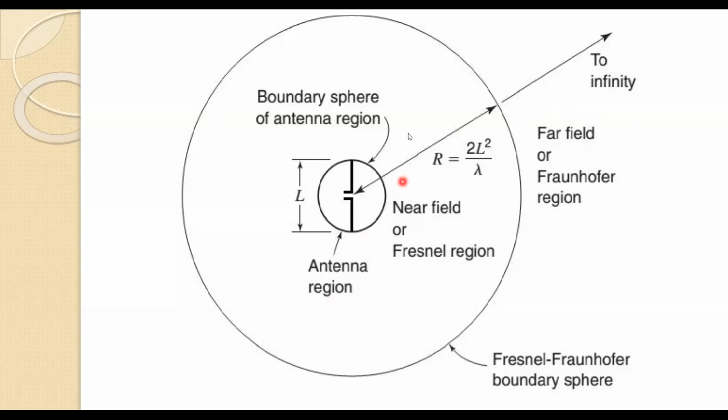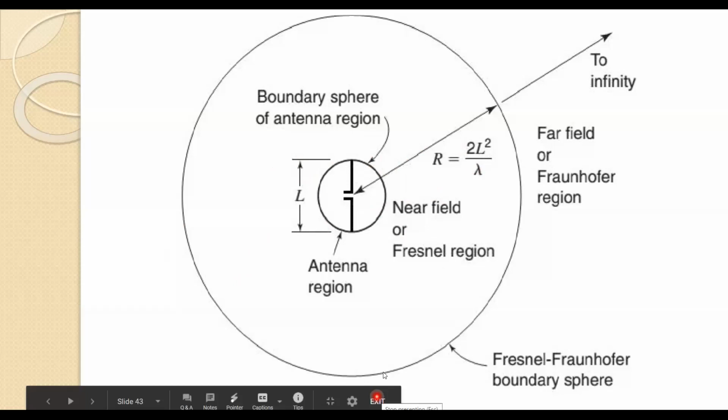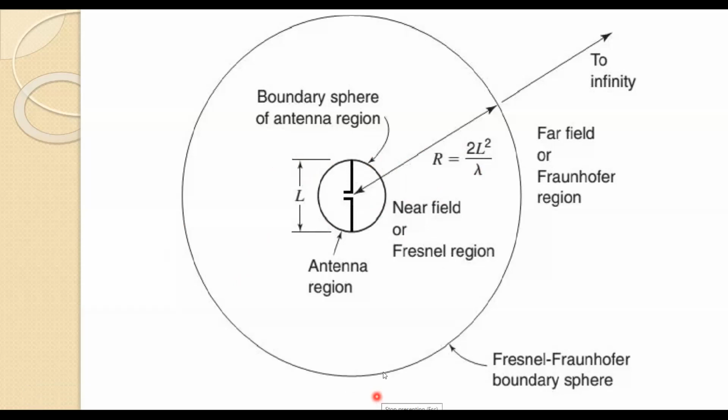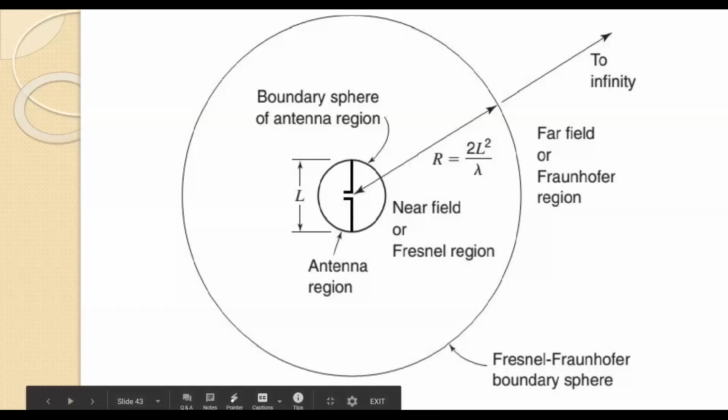This is the antenna region, where the boundary sphere of the particular antenna region is located. Therefore, capital R equals 2d squared by lambda, where our fields are propagated during the front phase.